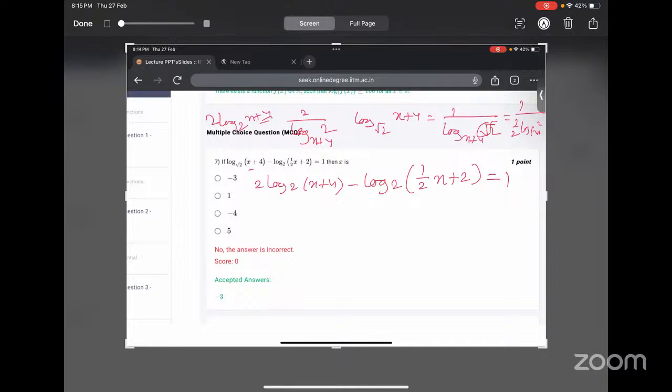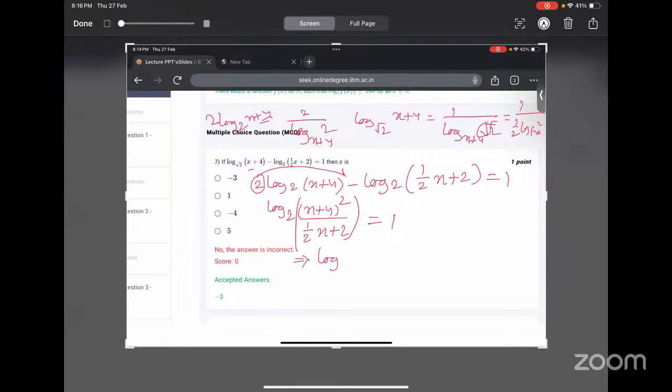Yes, ma'am. Then we can take this 2 over here, so we will get log 2 x plus 4 square, and minus log 2 this, that means we can use the division rule, right? So it will be half x plus 2 equals 1, right? Yes, ma'am.